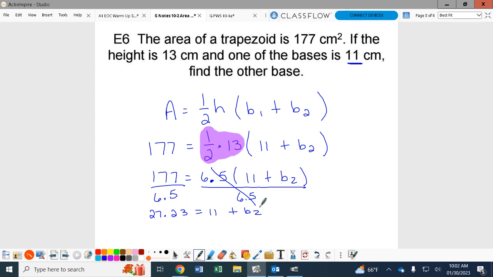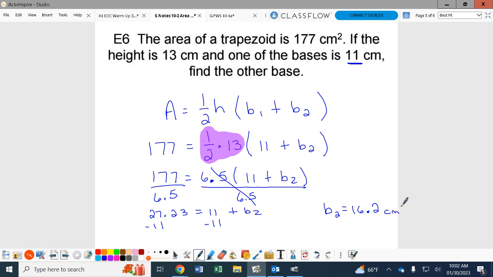I only got one more step. How do I get that 11 to the other side? Subtract it. Subtract 11, subtract 11. Tell me what B2 is equal to. Now, 1 decimal place because it's the final answer. So it'd be 16 point what? 16.2, and it would be centimeters.